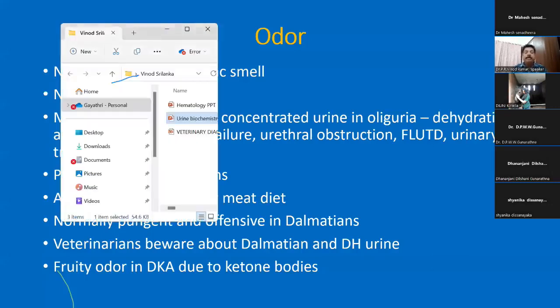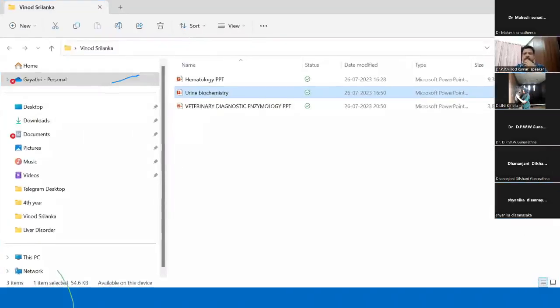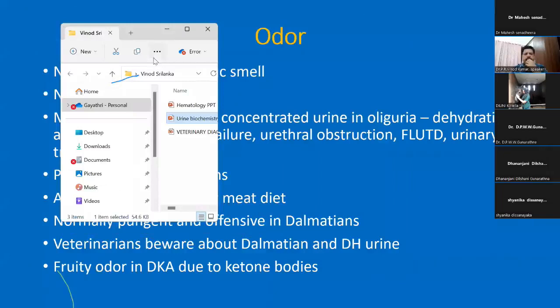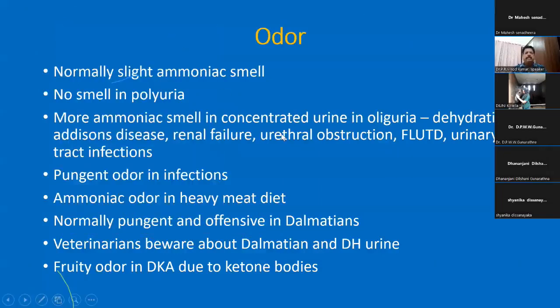Veterinarians should beware of Dalmatian and Dachshund urine, because when Dachshund and Dalmatian dogs urinate on our pants or our churidar or our shirt, it is better we burn it off.